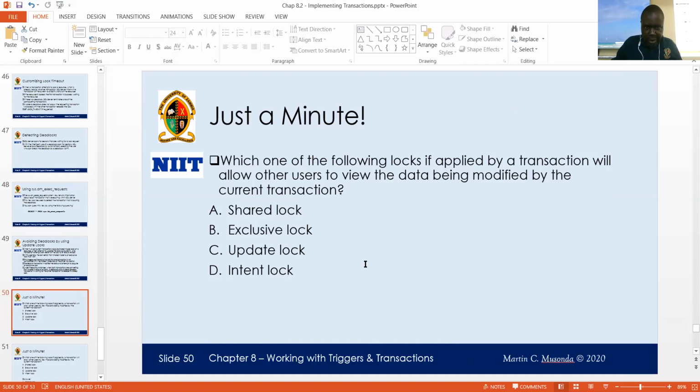Okay, a few questions. Just two questions. Which of the following locks, if applied by a transaction, will allow other users to view the data being modified by the current transaction? Shared locks, exclusive lock, update lock, intent lock.